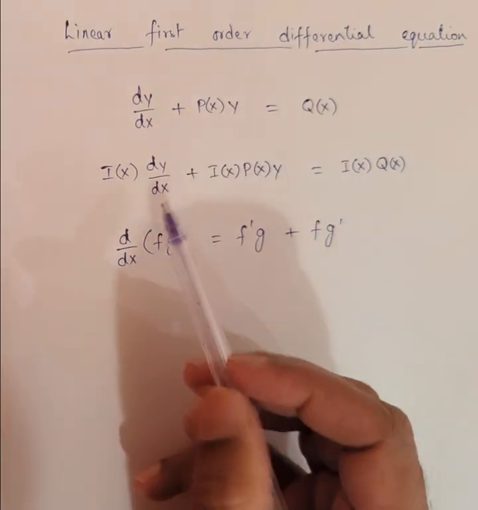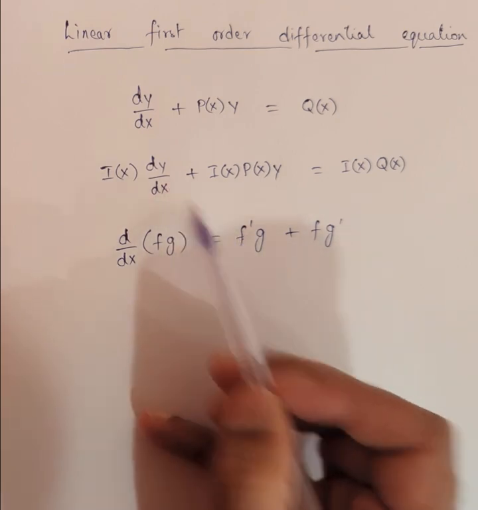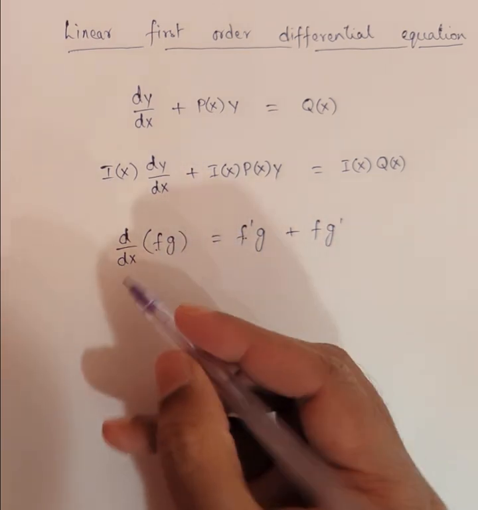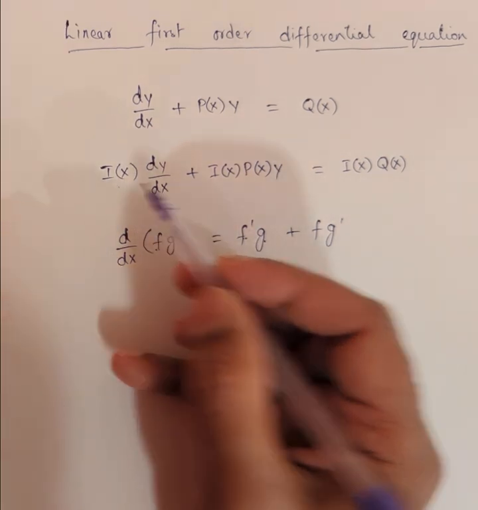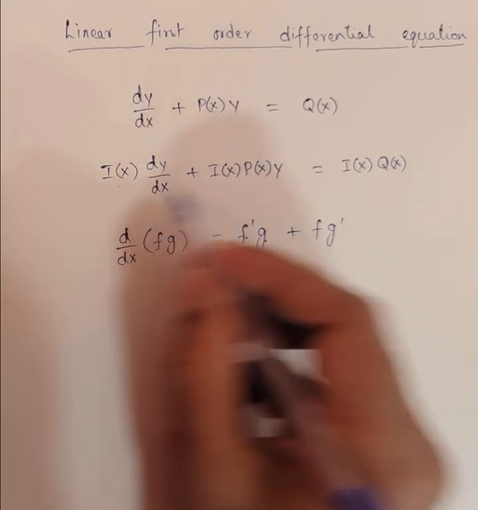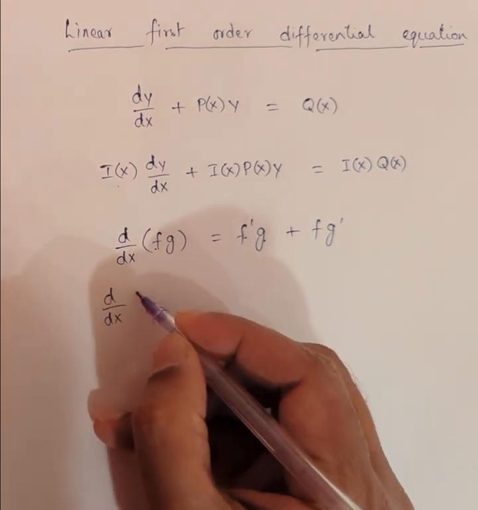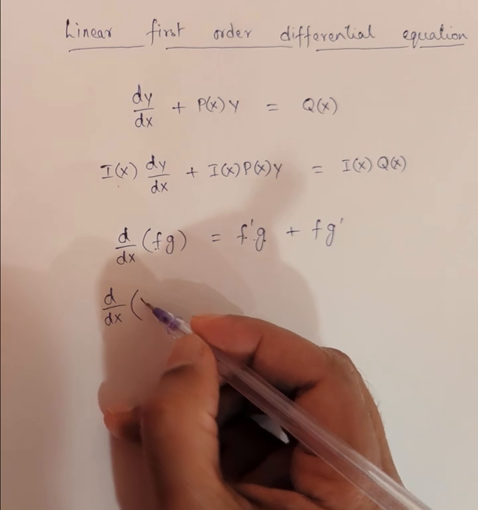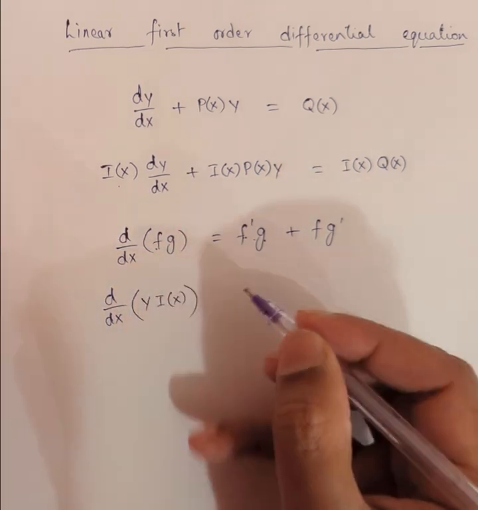And now I want to see this dy over dx as f prime, which means f is the same as y and this g is the same as I. So what I want to see is the left side as the derivative of f, which was y, times I of x, g was I of x.